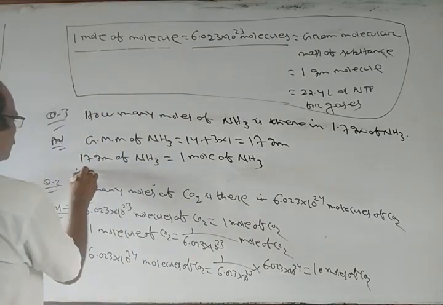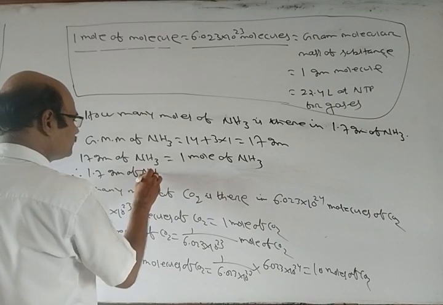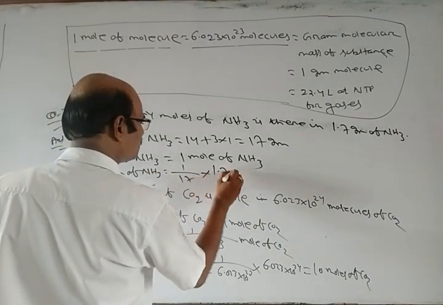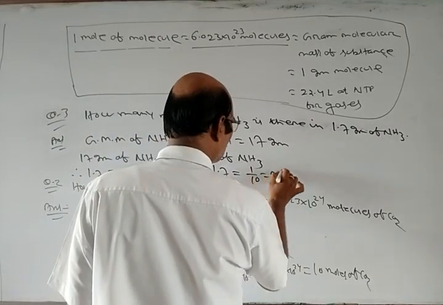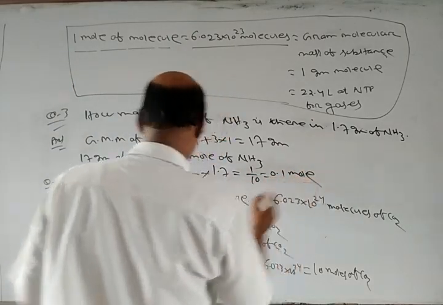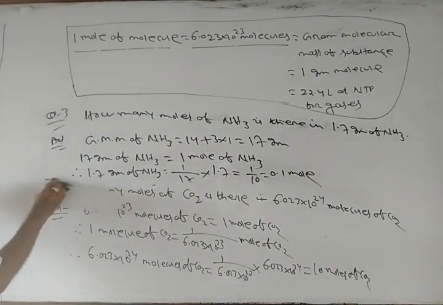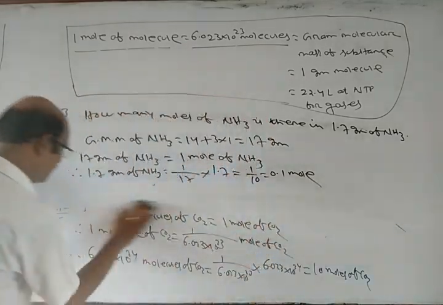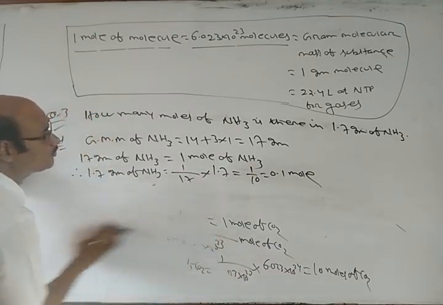Therefore 1.7 gram of ammonia is 1 by 17 into 1.7, which is 1 by 10, equal to 0.1 mole. So the number of moles in 1.7 gram of ammonia is 0.1 mole.